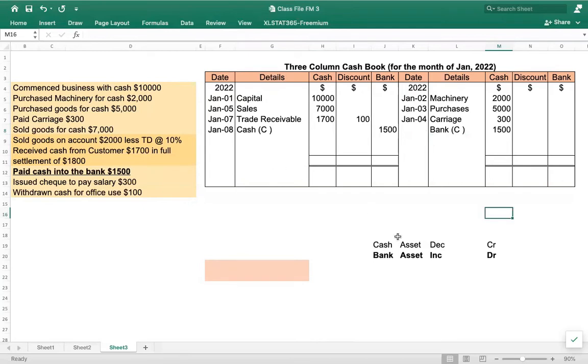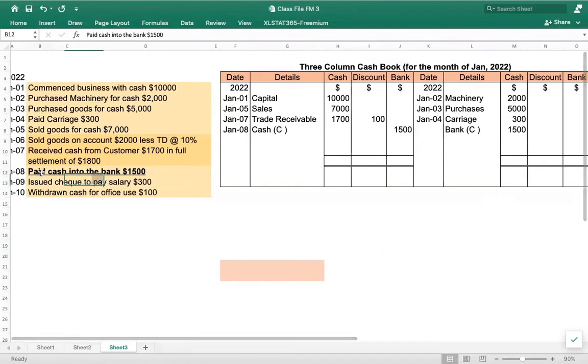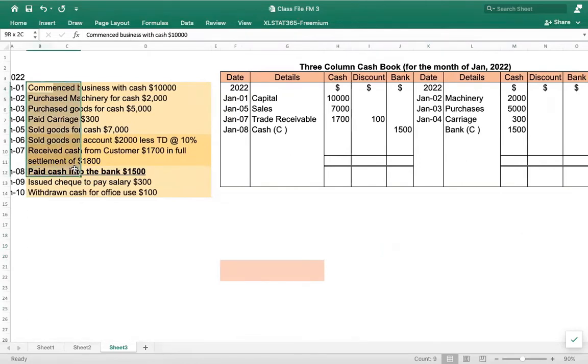So contra entry means the transaction which is going to be recorded on both sides of the cash book. I hope you understood this. So this is a unique transaction compared to the others, because all the rest of the transactions were recorded either on the debit side or the credit side, right?